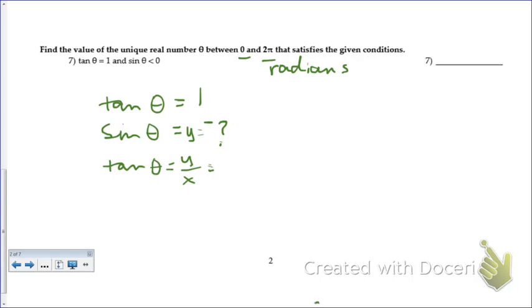So if y is negative, and x is negative, we get 1. x has to be negative in order to get 1. So we want the quadrant where x and y are negative, so that's going to be the third quadrant.